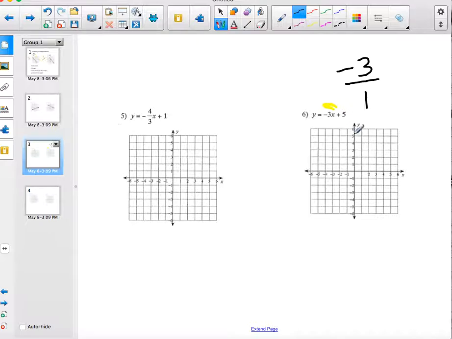Then I go ahead and start at 5. I can't go up 3 and over 1. So I'm going to go down 3 and over 1 this way. And I go this way because it's negative, so I want the line going in that direction. Start at that point, going down. Sketch in my arrowheads.